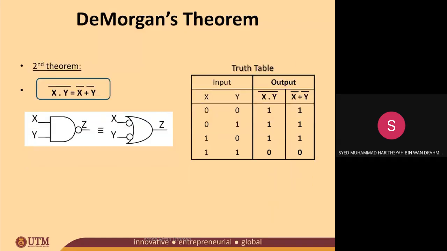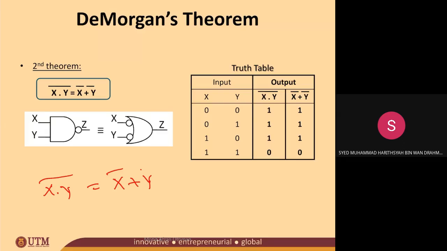The second theorem is X times Y bar equivalent to X bar plus Y bar. Okay. So again, I mentioned that it may be used to shorten the equation and further reduce the number of gates being used in your circuit design.